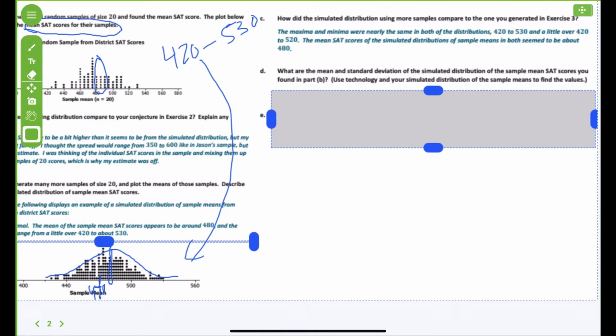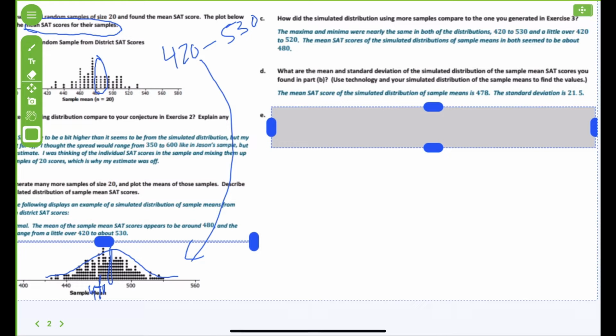Now to find the standard deviation, what I would do is just plug it into a calculator and know your formula on how to do that. So the mean SAT score of this simulated distribution of sample mean is 478, which is close to 480, and the standard deviation is about 21.5.